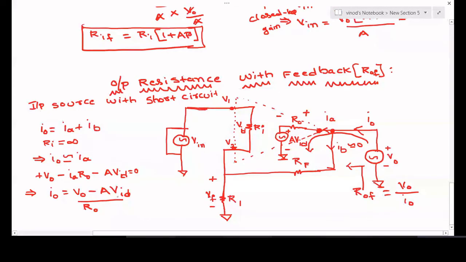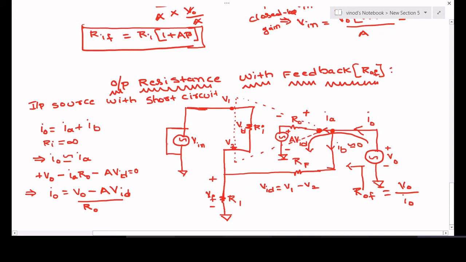Now we have to substitute the expression for VID because the output resistance is nothing but the ratio between V0 to I0. So we have to somehow replace VID with V0, right? So what is the expression for VID? VID is nothing but V1 minus V2, right? Now what is V1?